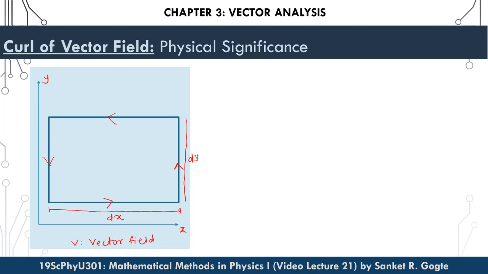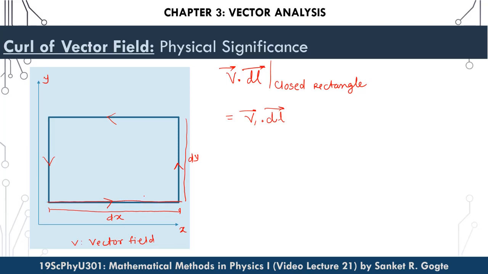Now since this is an infinitesimally small loop, we will simply write it as v dot dl over closed loop, over closed rectangle. This dot product over the closed rectangle can be obtained by considering this first dot product v1 dot dl1, which is along this line.